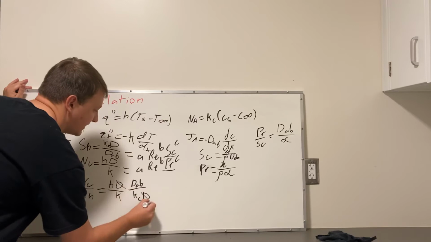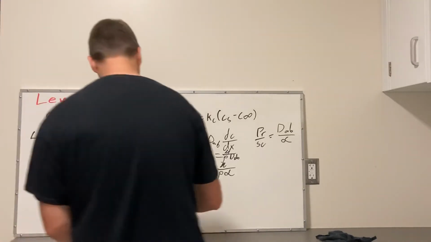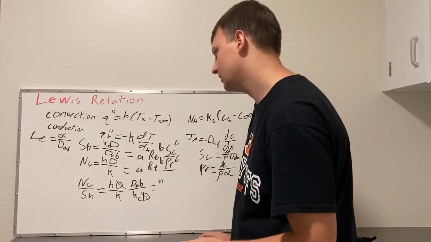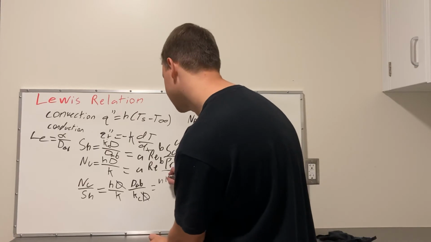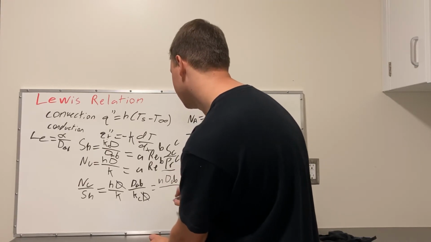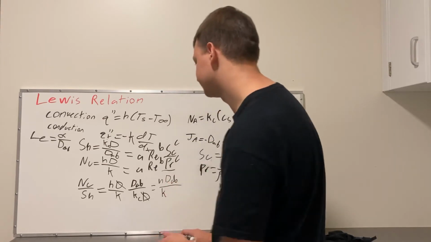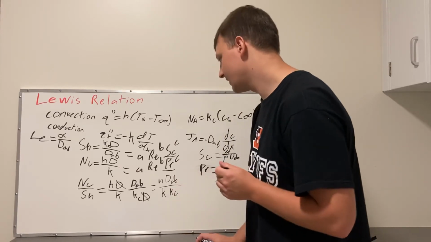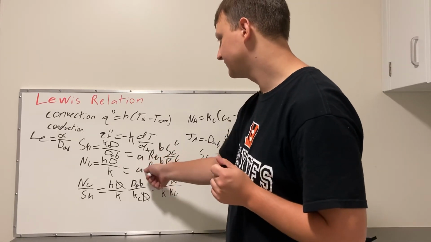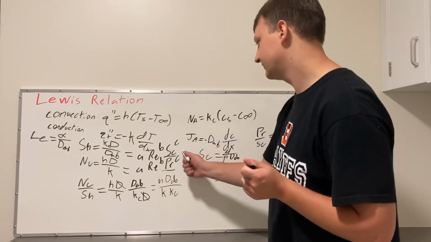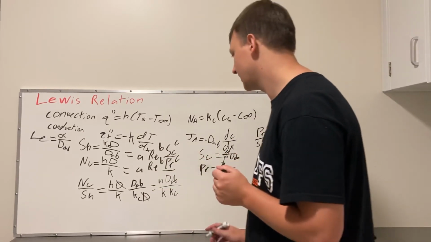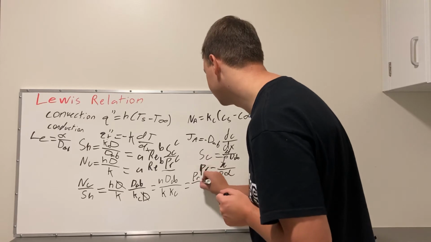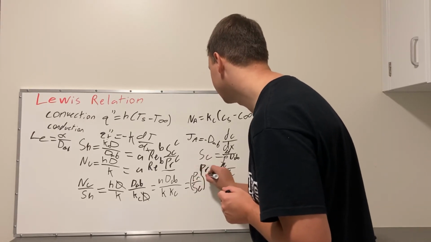The diameter is canceling out, giving you the heat transfer coefficient times the mass diffusivity constant over the conductivity times the mass transfer coefficient. Now, because we know these two have similar parts at the beginning, we're only left with the difference of the Schmidt and the Prandtl, which we already looked at. And so we know that this is just equal to the Prandtl over the Schmidt number raised to the C power.